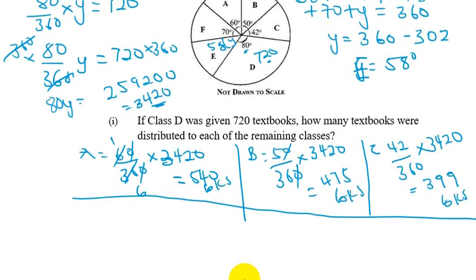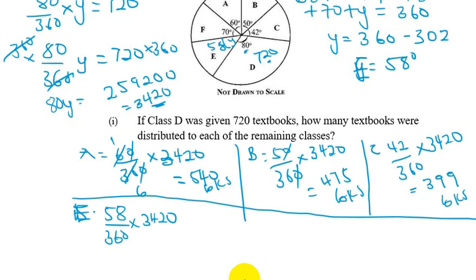Then for D, we already have D as 720, right? So we go to E. So E is 58 divided by 360 times 3420 books. So that one is going to give us 58 times 3420 divided by 360.